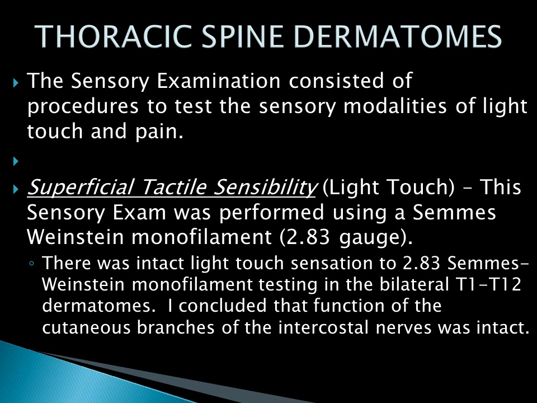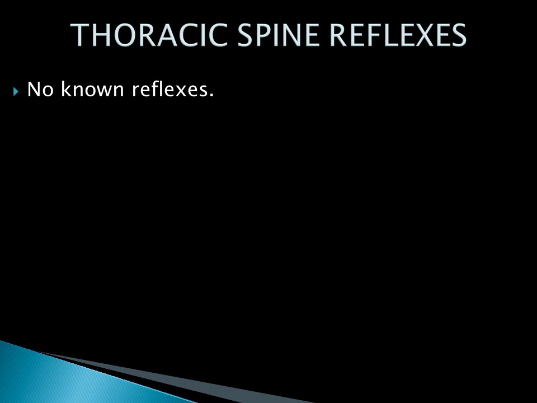Those become the intercostal nerves, and then coming off the intercostal nerves are various cutaneous branches that innervate the skin areas in between each of the ribs. Similarly, there are no known reflexes for the thoracic spine, so that largely limits the scope of the thoracic spine exam.